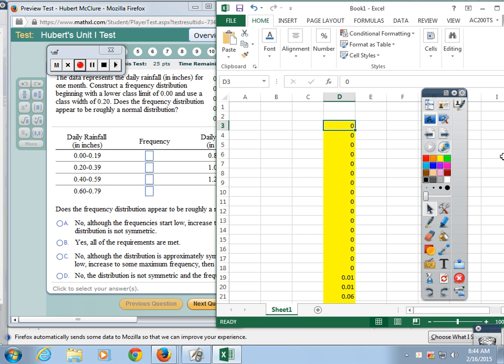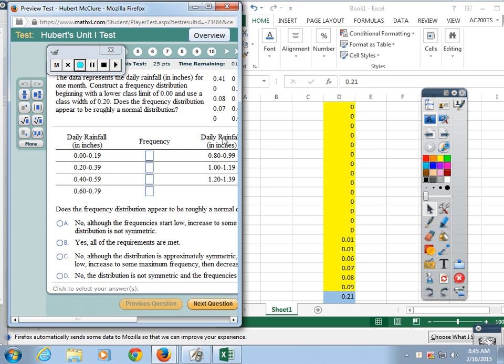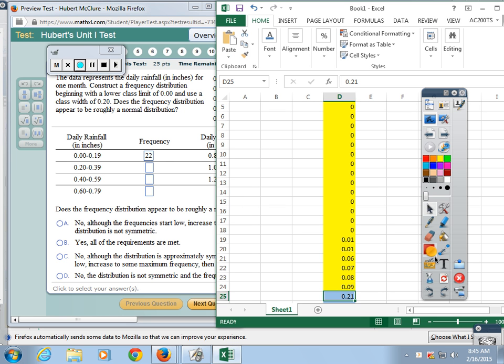So 1, 2, 3, 4, 5, 6, 7, 8, 9, 10, 11, 12, 13, 14, 15, 16, 17, 18, 19, 20, 21, 22. So 22 goes right there. Blue, 1, 2, 3, 4.